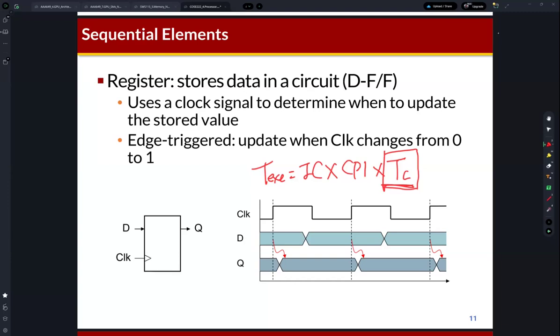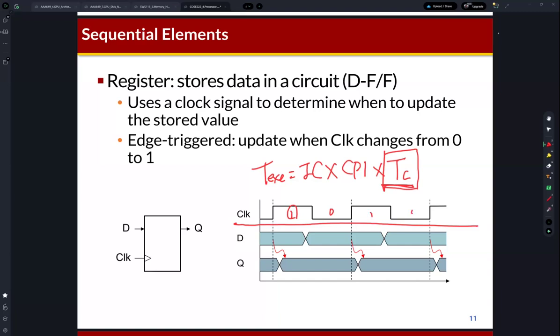Actually, every digital system requires a clock signal. The clock is a periodic signal, and it just repeats up and down, like so. This is the clock signal, with the value 1 and then the value 0 repeated.